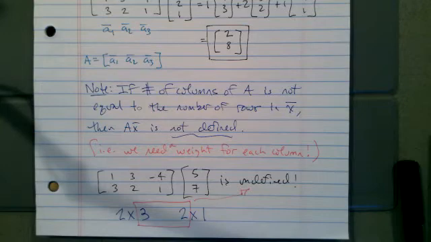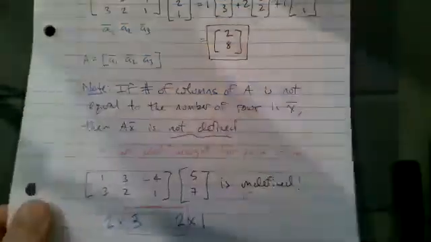All right, so let's take a look at problem 17. So we have this matrix A, which is 4 by 4. Let's write that down.